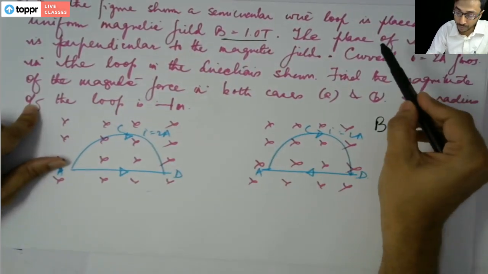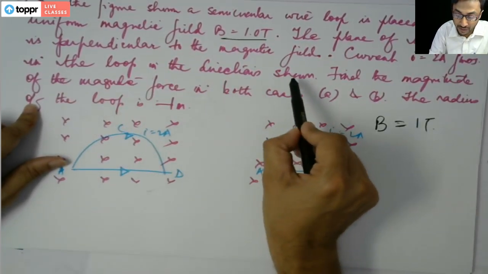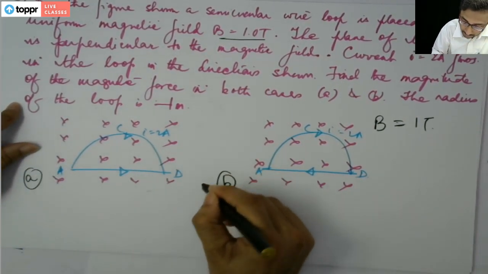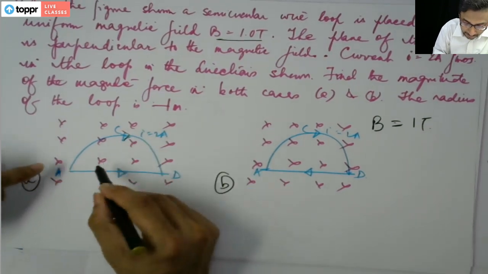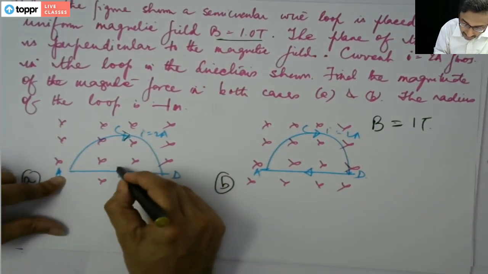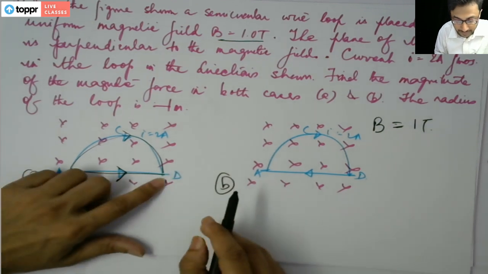Current I equal to 2 ampere flows in the loop in the directions shown. Observe, in this path A, C, D, current is flowing like this. In A and D, current is flowing in the same direction. So here the current is flowing like this.